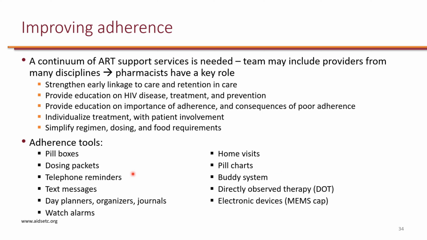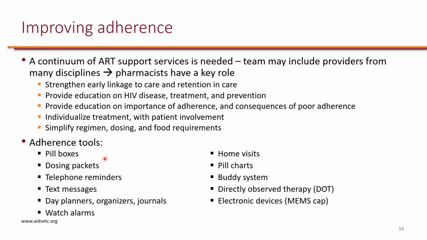And there are tools that we have at our disposal, such as pill boxes. Pill boxes are useful when someone has multiple pills to take, especially if the schedule is different. So if one pill is twice a day, another pill is once a day, you can easily set those up in a pill box.